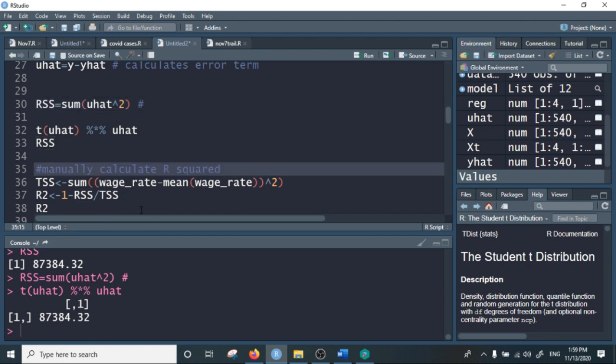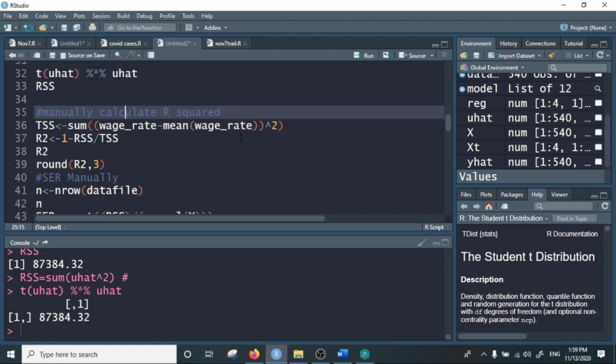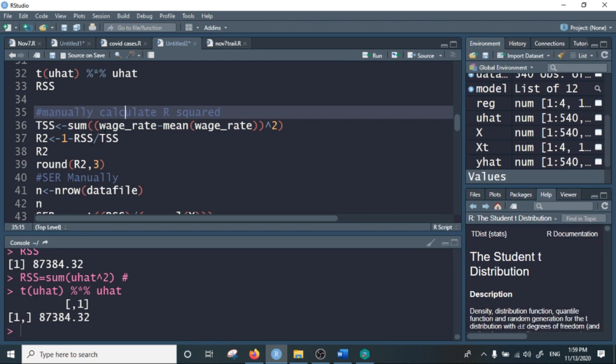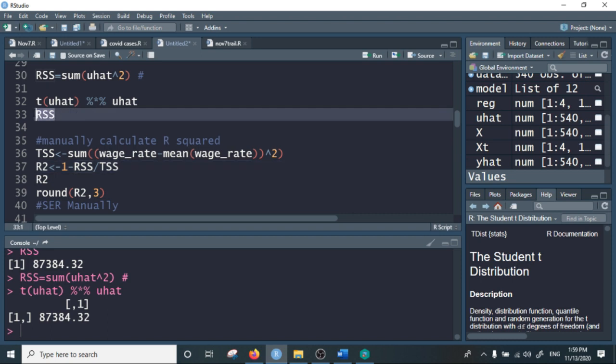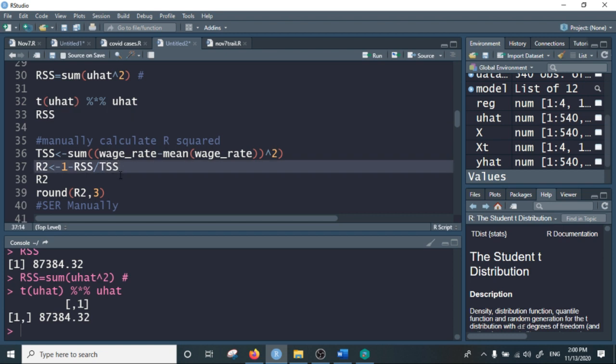So we'll now move to how to calculate the R squared manually in R. So R squared is simply defined by the formula that we study in our statistics course, which is 1 minus the unexplained variation divided by total variation. We defined the unexplained variation by RSS, and we have defined it already.